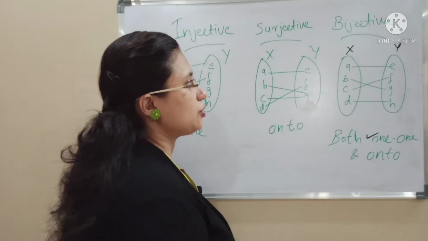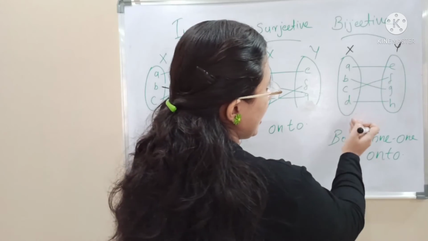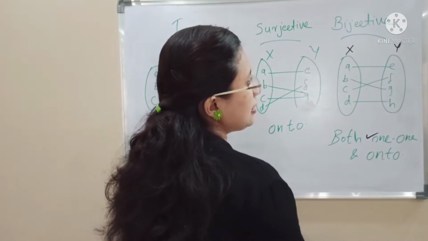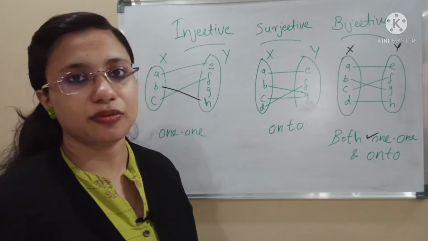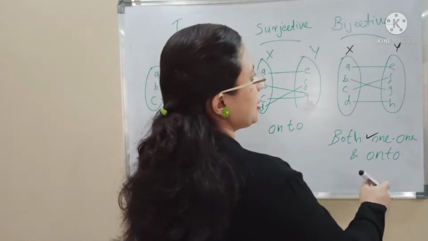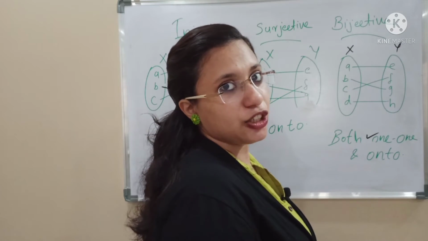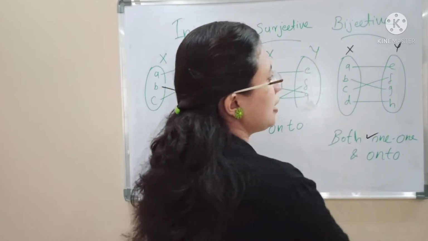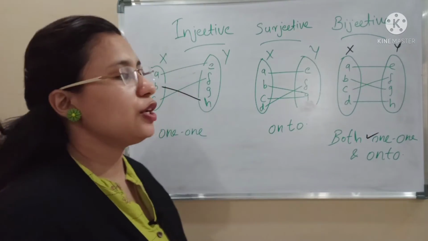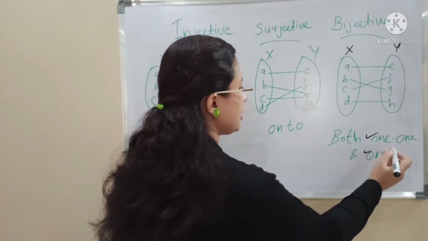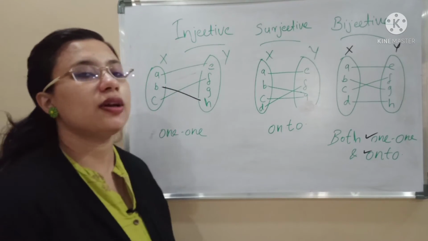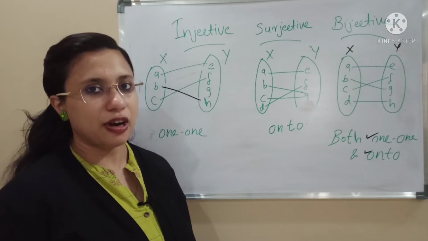So all the elements of set Y have a related element in set X, or otherwise we can say every element in Y has a relation with set X. Okay, so the onto condition is also satisfied. So this is called a bijective function.